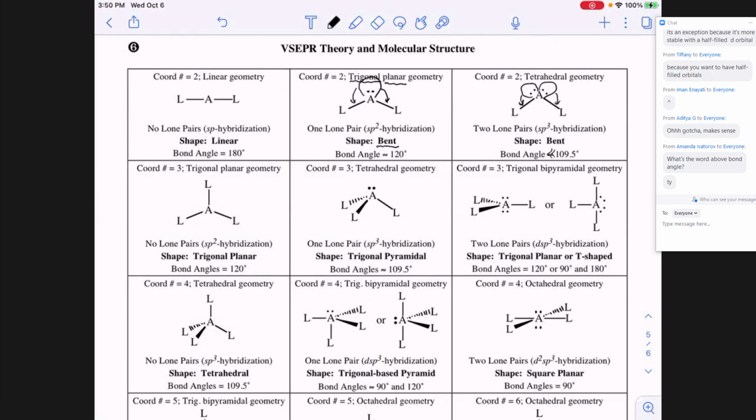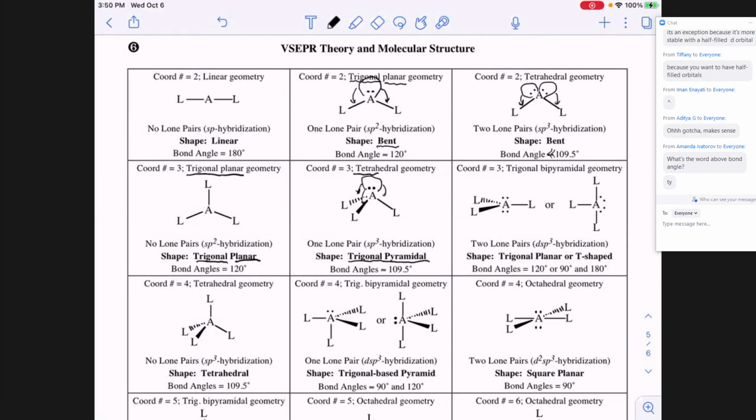Okay. So if it's all liganded out for a number of groups of electrons, you notice that the geometry matches the shape. But when you have those lone pairs, they end up repelling the other bonded electrons, so they change the shape. Okay.